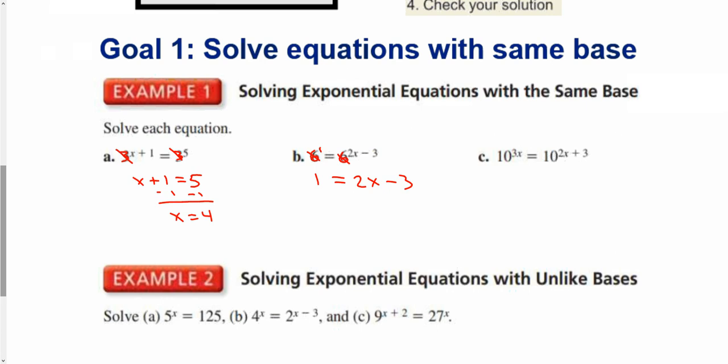Well, I guess it could be a 0, but it's probably not going to be. It's just going to be a 1. If it was a 0, then you would have seen 0. Then you add this over. So you get 2x equals 4, and then you just divide by 2. So x equals 2. If you were to plug it in, 2 times 2 is 4, 4 take away 3 is 1. Checks out. Perfect.